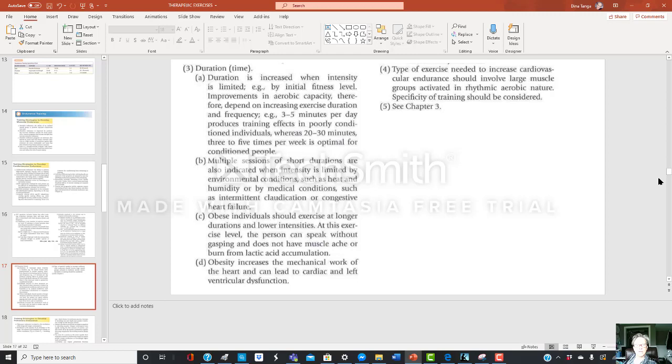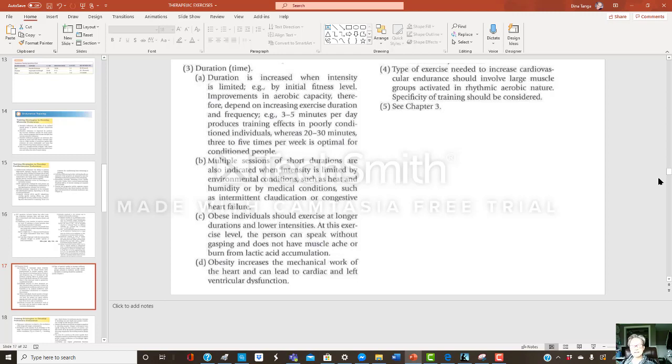For example, 3 to 5 minutes per day produces training effects in poorly conditioned individuals, whereas 20 to 30 minutes, 3 to 5 times per week, is optimal for conditioned people. Multiple sessions of short durations are also indicated when intensity is limited by environmental conditions, such as heat and humidity, or by medical conditions, such as intermittent claudication or congestive heart failure.